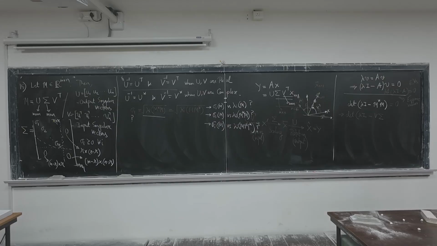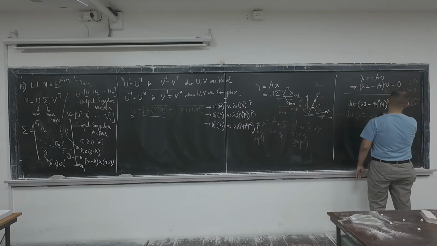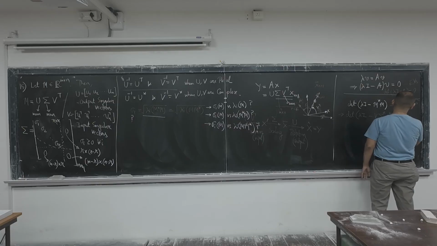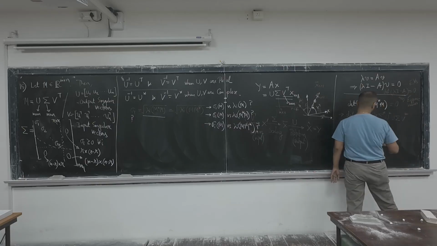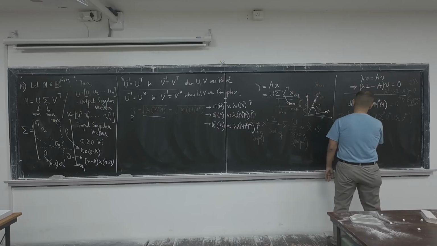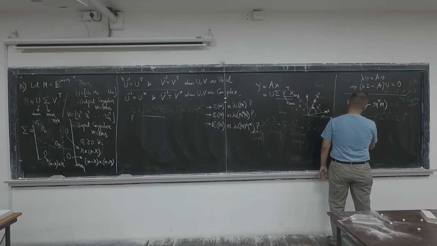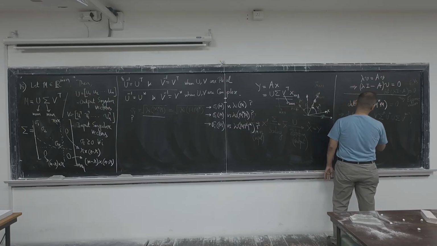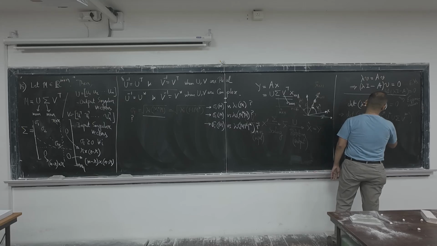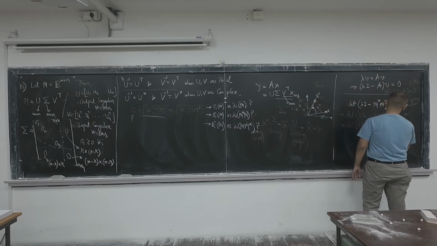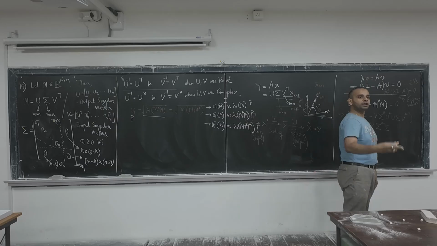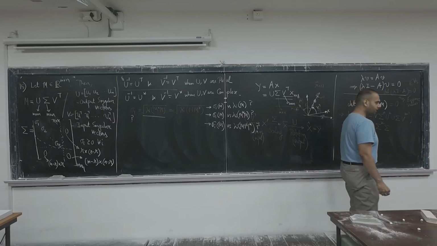That is V sigma star U star, and then U sigma V star, equals determinant of lambda I minus V sigma star into sigma V star. Why? Because U star into U is identity, right?